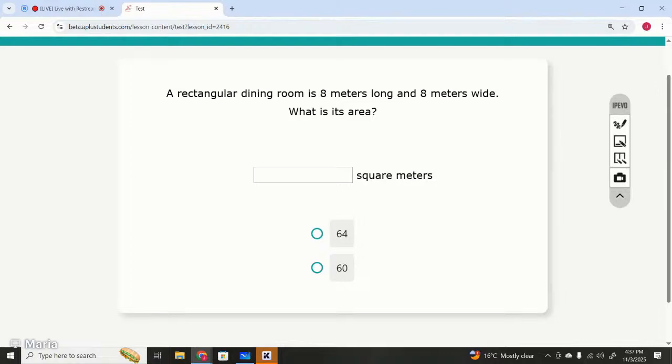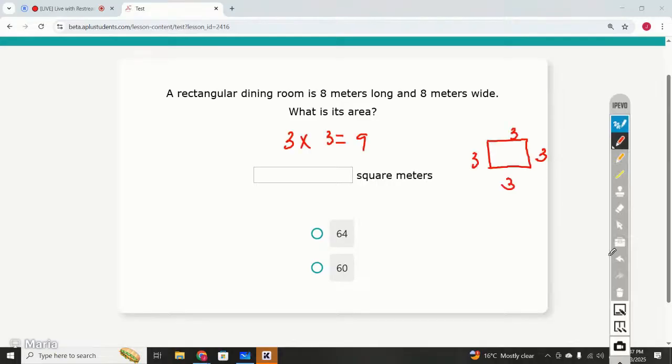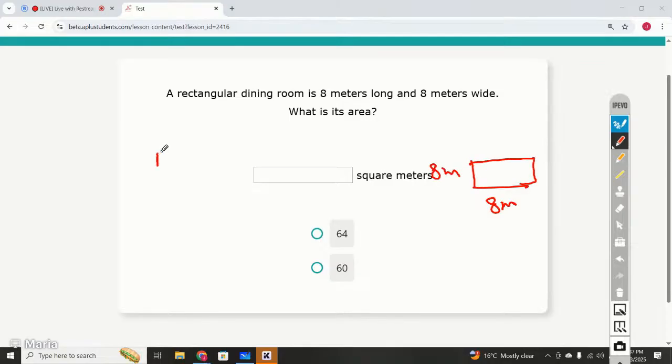A rectangular room is 8 meters long and 8 meters wide. What is its area? So rectangular room, it is 8 meters wide and 8 meters long. We need to calculate the area of the rectangle. So area of a rectangle is 8 times 8.